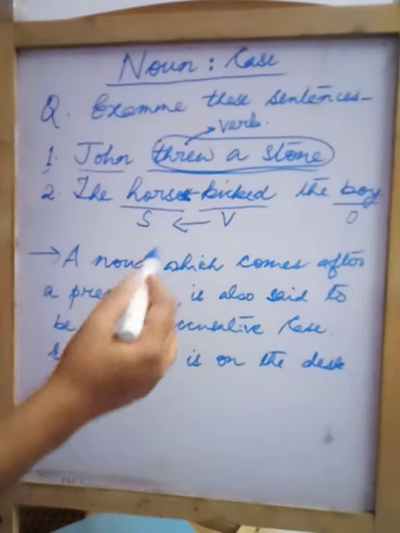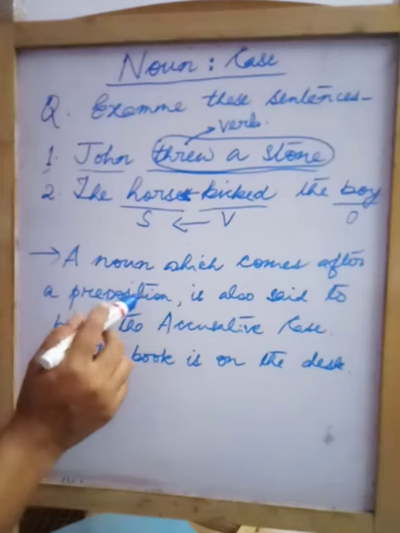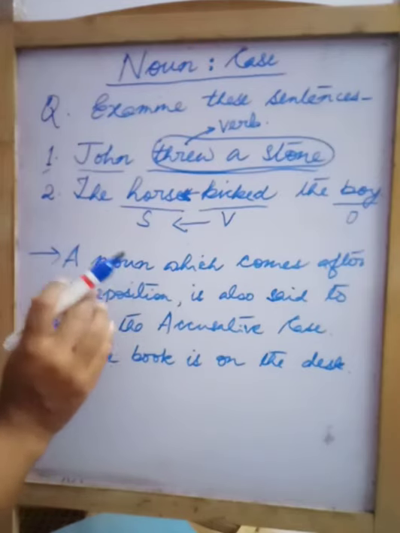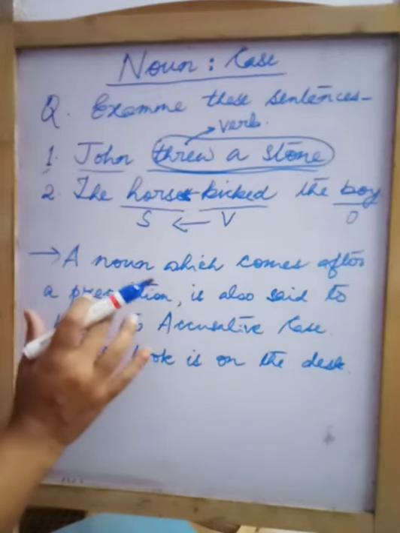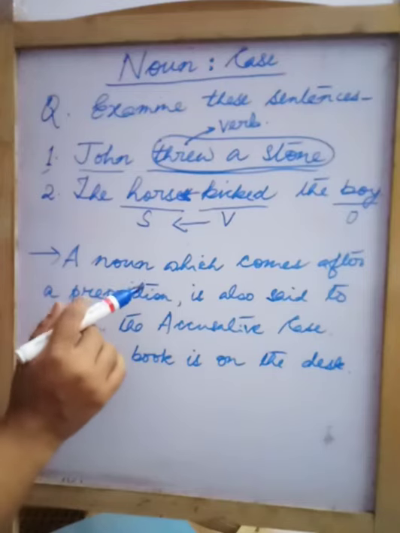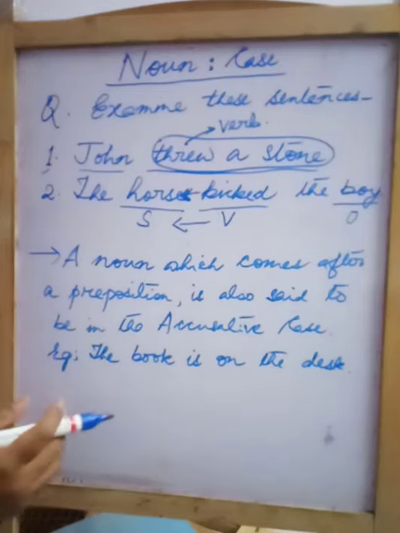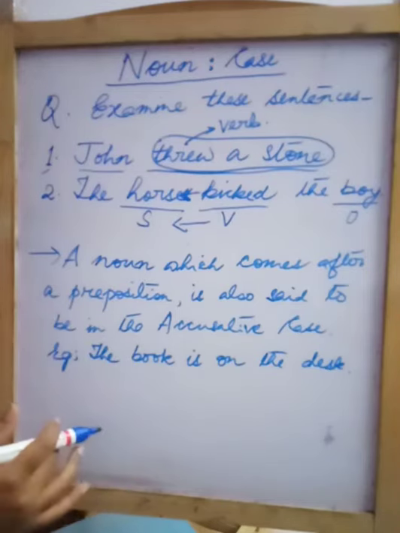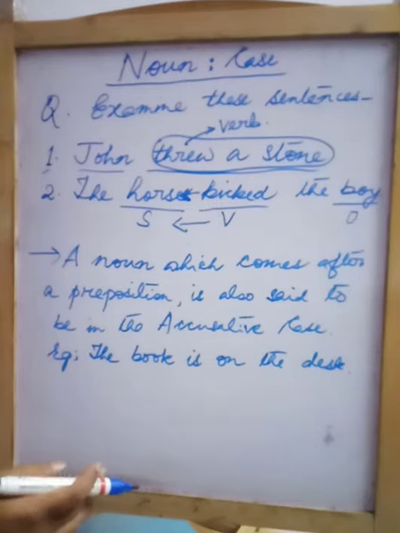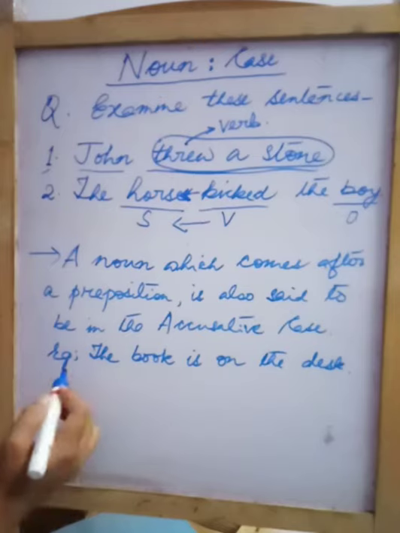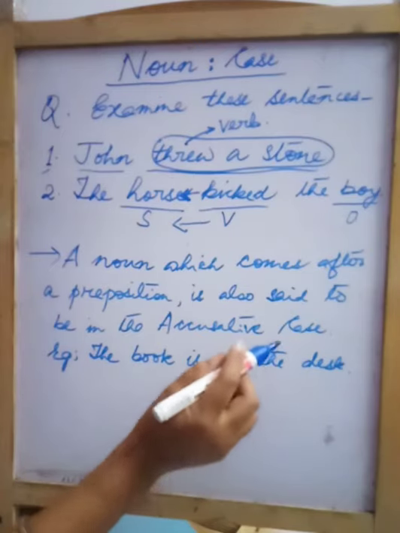First let me tell you what is a preposition. You must be knowing, and even if you don't know, in very simple words, prepositions are placement words, like in, on, under, over, beside, between. These are placing words. So the example: the book is on the desk.